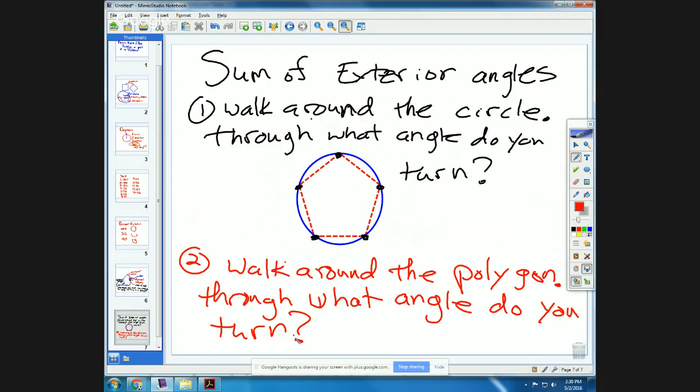And my claim is, as far as angle, not distance, they're the same question. So let's get another shape.